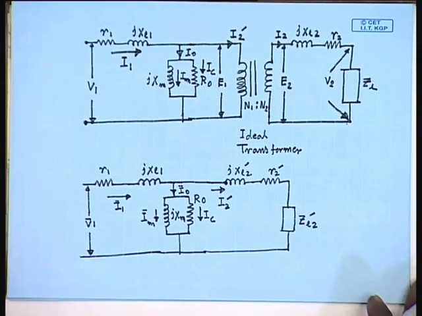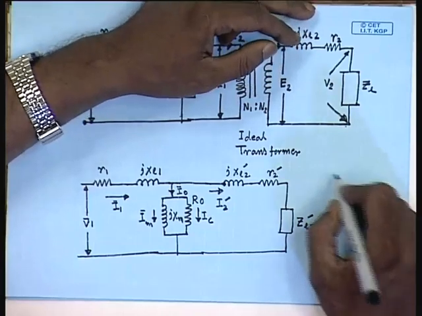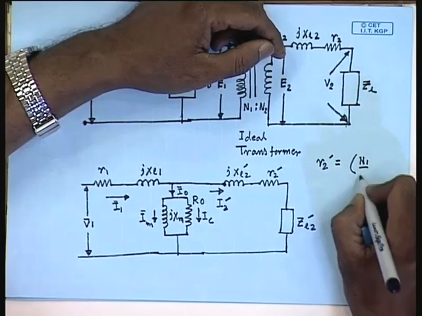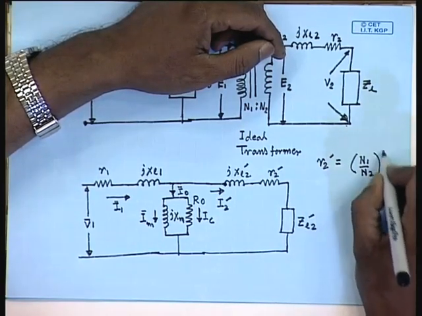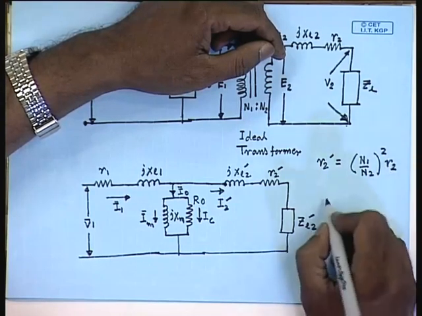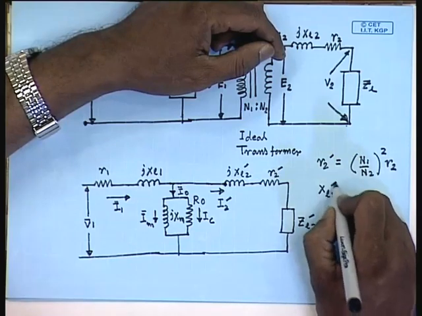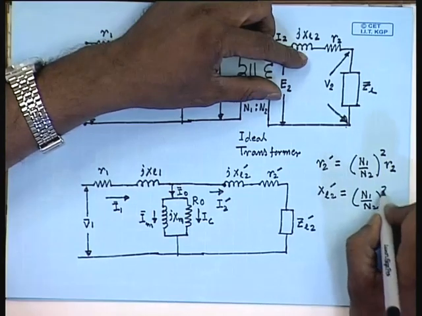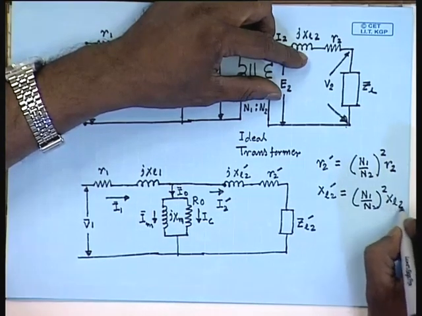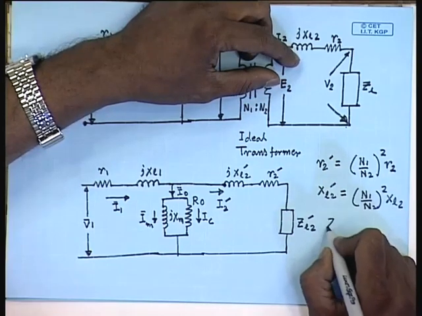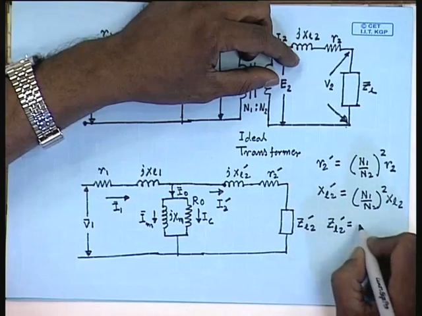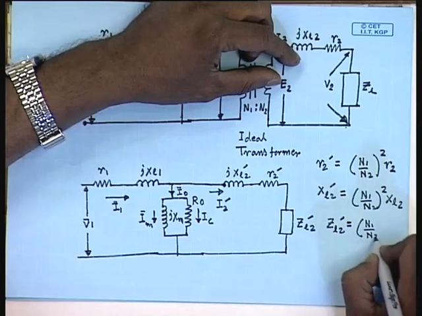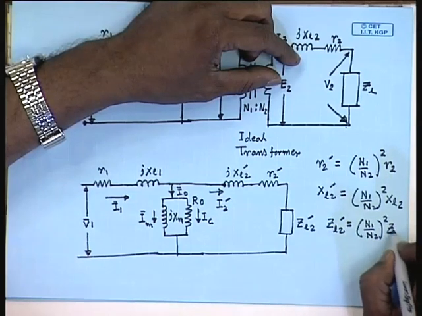The required equivalent impedances are related to the actual impedances as follows: R2 dash equal to N1 by N2 whole square R2, XL2 dash equal to N1 by N2 square XL2, and ZL2 dash equal to N1 by N2 square ZL2.